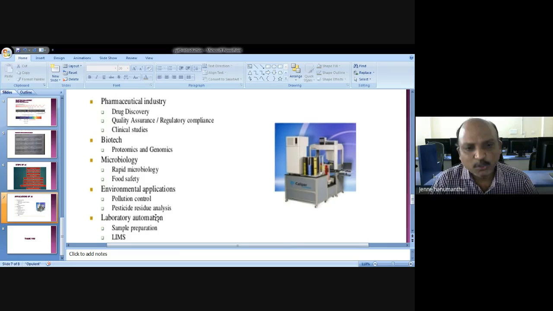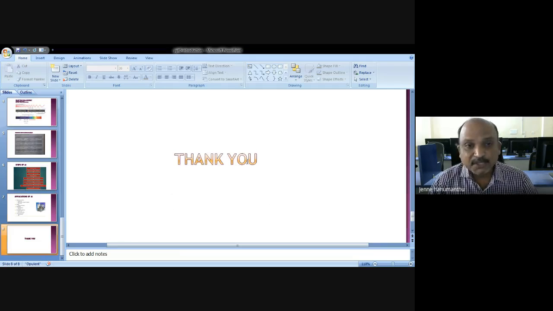We want to know it before selling to the customers, right? Lastly, laboratory automation, laboratory sites in research works, sample preparations. So in all these areas, this analytical instrumentation is very much useful.